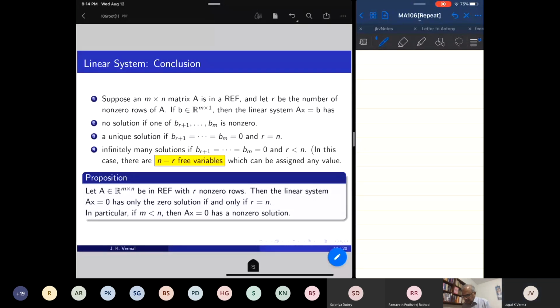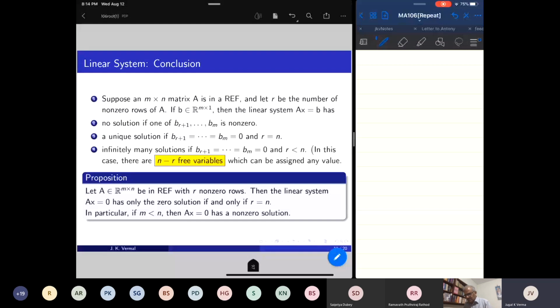And free variables will give rise to basic solutions, which are non-zero solutions. To construct basic solutions, I set one of the non-pivotal variables equal to 1 and the other non-pivotal variables equal to 0. This will lead to the values of the pivotal variables, and therefore I will get a non-zero solution.